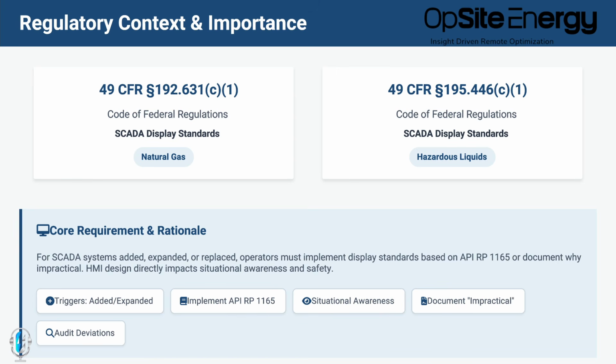Maybe you're not able to implement 1165 based off of your SCADA system, right? It's all about documentation, having that record in place. So you bring something important to that part. What you're saying is this is where the word impractical falls into the federal rule, meaning it's impractical for the operation to add something or expand on something on a screen because we don't have the ability to do that, right? So the federal rule points to some impracticality, right? Is that kind of where that fits in?